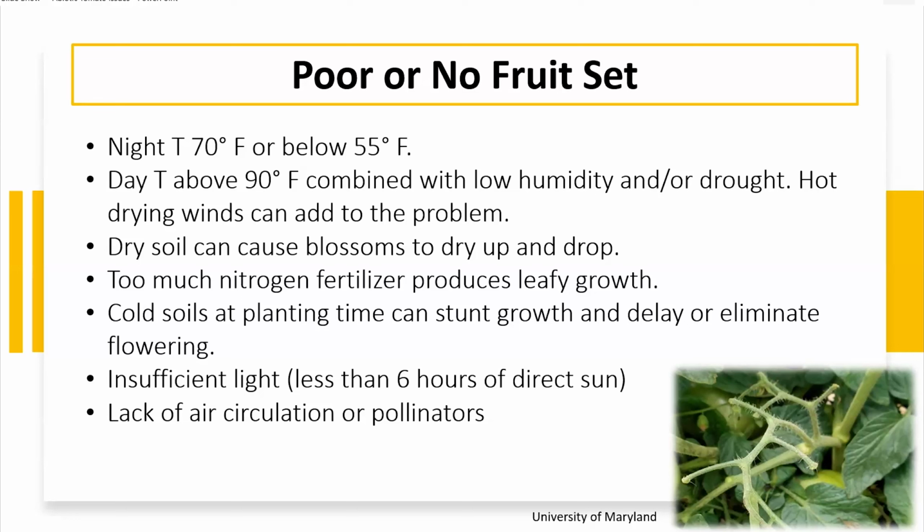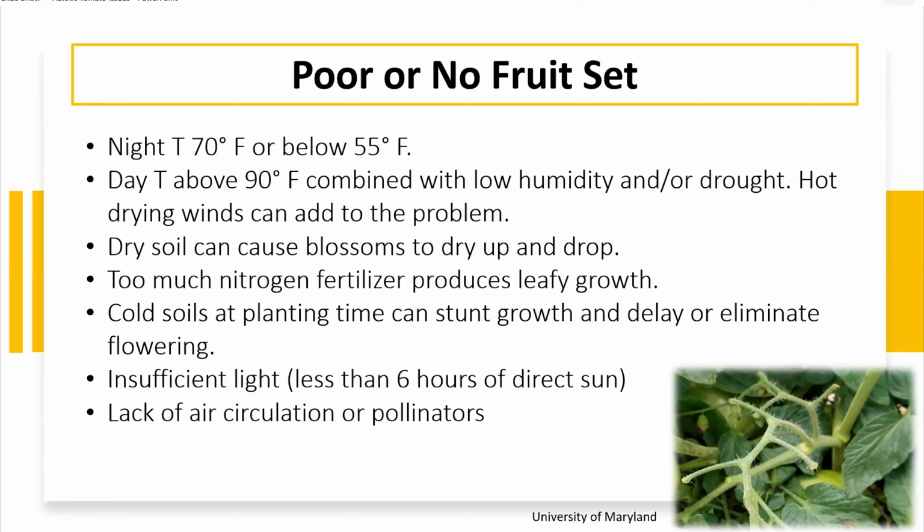Too much nitrogen fertilizer makes the leaves grow and we'll have less of our fruit set. Cold temperatures when you plant in the spring can keep the plants delayed a little bit from actually growing, which then delays the time that it takes for those plants to bloom.